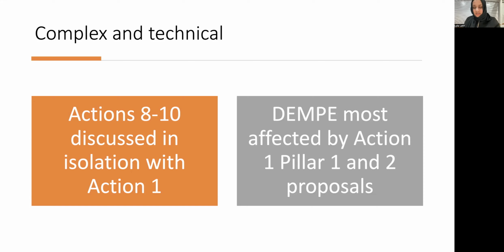So the discussions on digital tax and its impact on transfer pricing by related digital corporations such as Meta, which consists of Facebook, Instagram, WhatsApp, were not informed concurrently by the proposals being made under Action 1 and Actions 8 and 10.